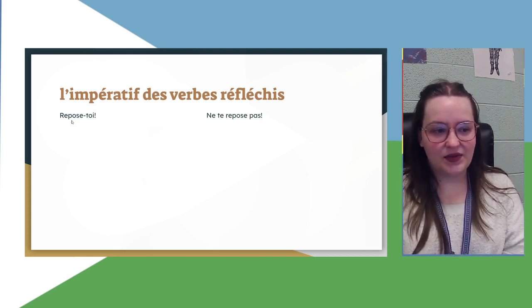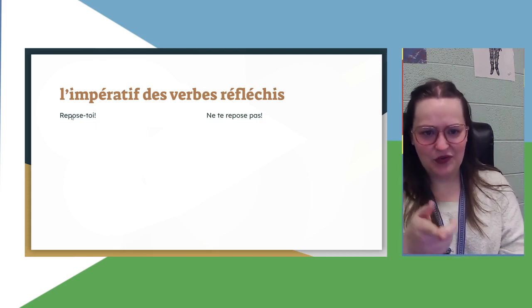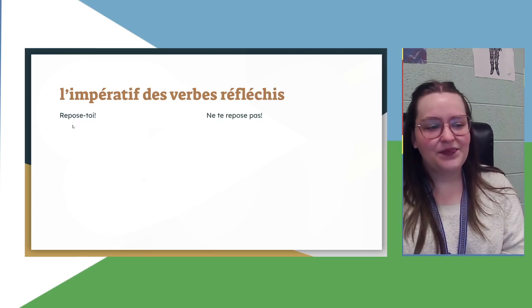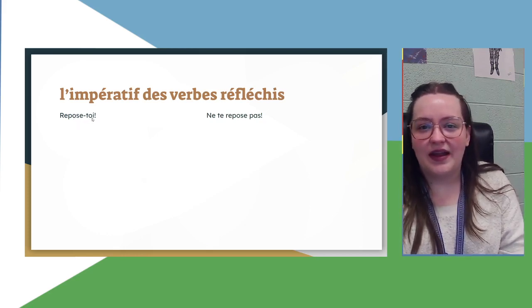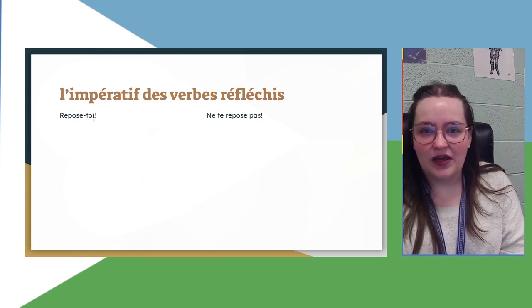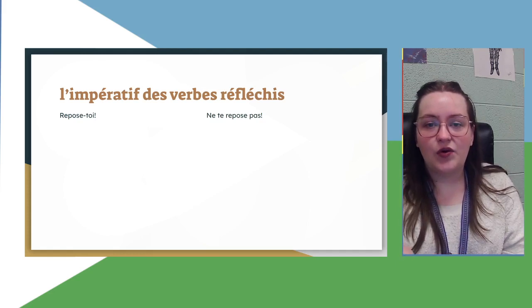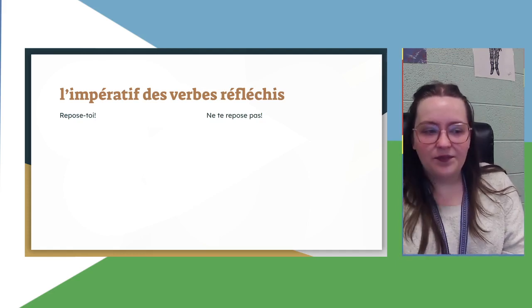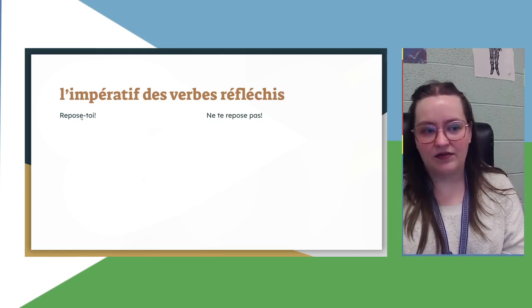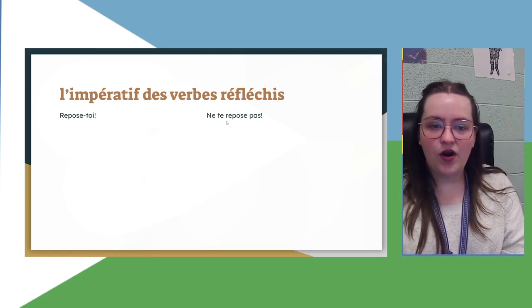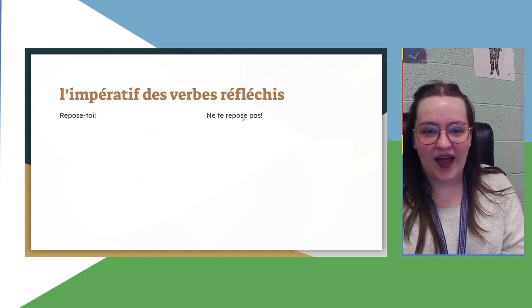Rest, implied you. This is the weird thing, but we've seen it happen before. Te is what it would be in a normal sentence: tu te reposes, you are resting. But that te becomes toi in the imperative, and it gets connected with a hyphen. Repose-toi, rest. Or ne te repose pas, don't rest.